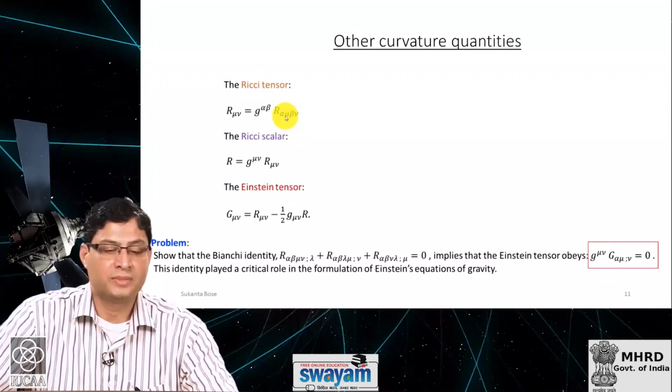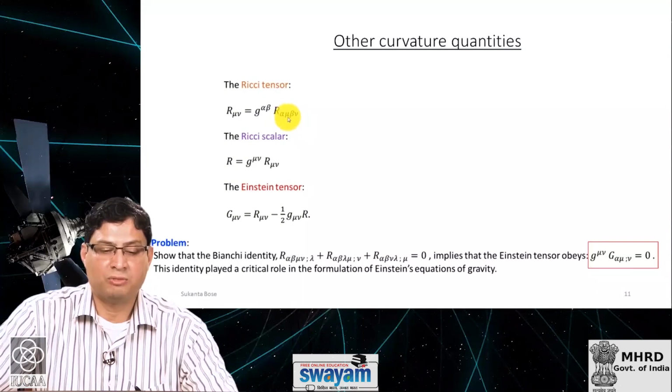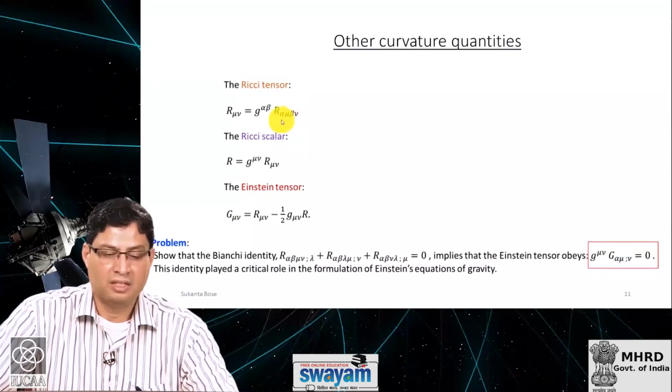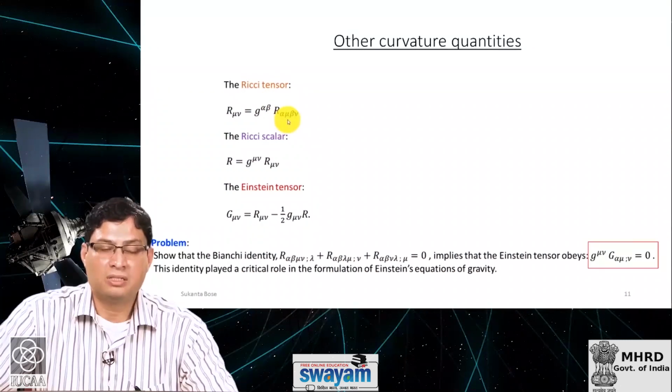Why? That is because g is symmetric under the interchange of its 2 indices, but R alpha mu is antisymmetric. So if I were to contract this quantity with g alpha mu, not beta but mu, then you will get a 0, because the contraction of a symmetric matrix with an antisymmetric one is 0.